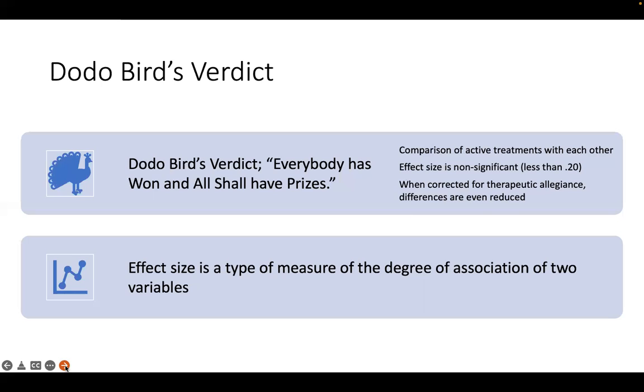So when these effect sizes are corrected for therapeutic allegiance, their differences are reduced even more.